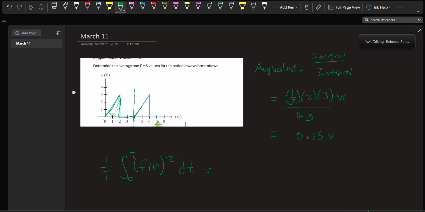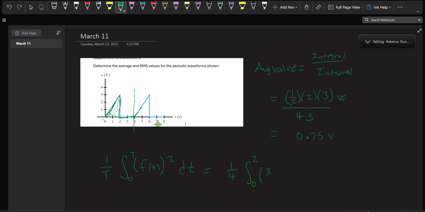And so the part from 2 to 4 is just going to be 0. So this is going to be the same as 1 over 4 times the integral from 0 to 2 of the linear part of this, which is a line through the origin with slope 3 over 2.